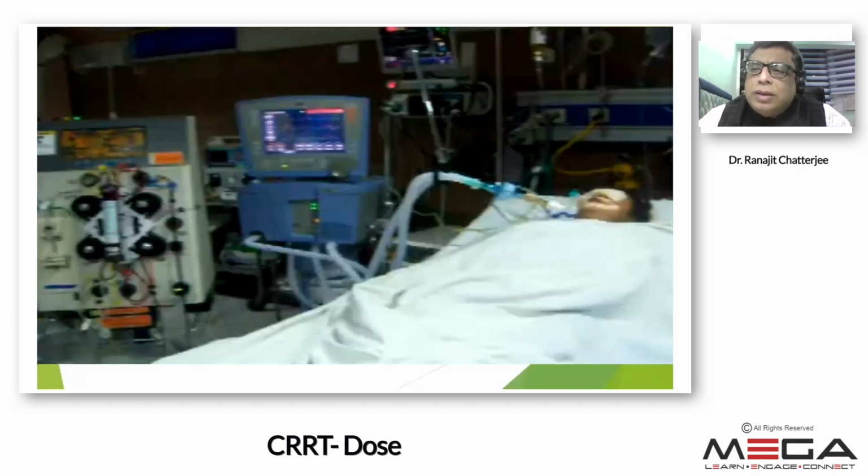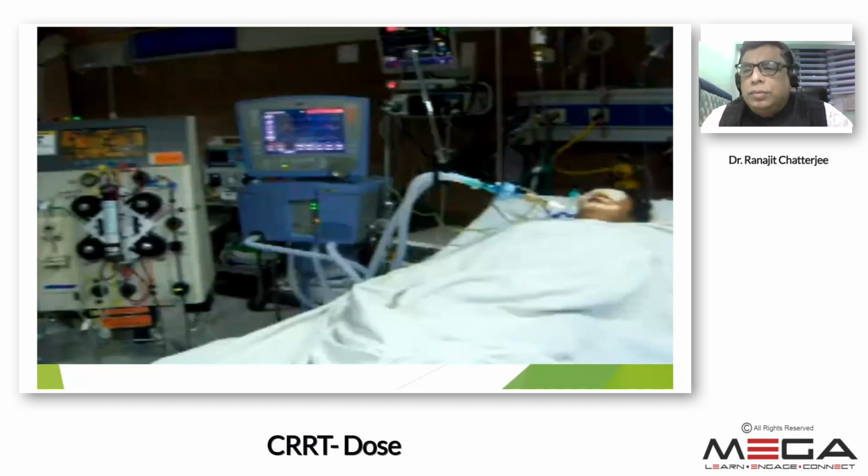As Dr. Vivek was saying, when you are doing convection, you are removing molecules against a pressure gradient. We are giving a lot of pressure in the blood, and the pressure in the dialysate is less. So along with the solutes, a lot of water is also taken away from the patient, and we are substituting with some amount of fluids to the patient.